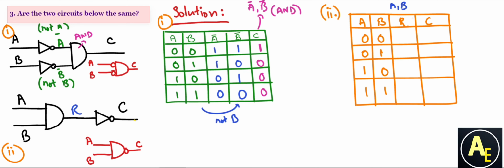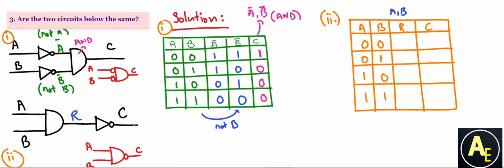Once again, A and B are fed into an AND gate to give us output R, which is then fed into a NOT gate, which gives us our final output C. The values of C are quite the opposite to R, giving us therefore 1, 1, 1, 0. It's also called the NOT values of R.